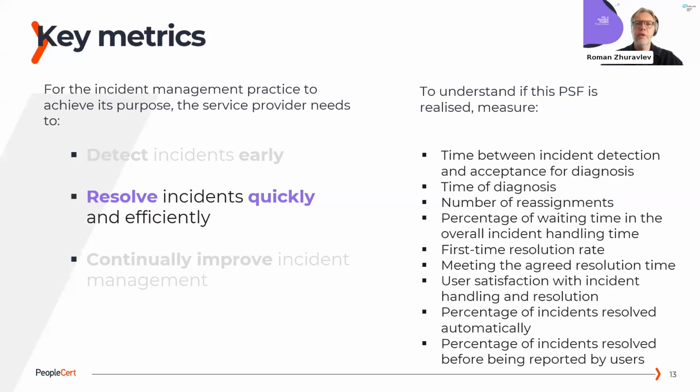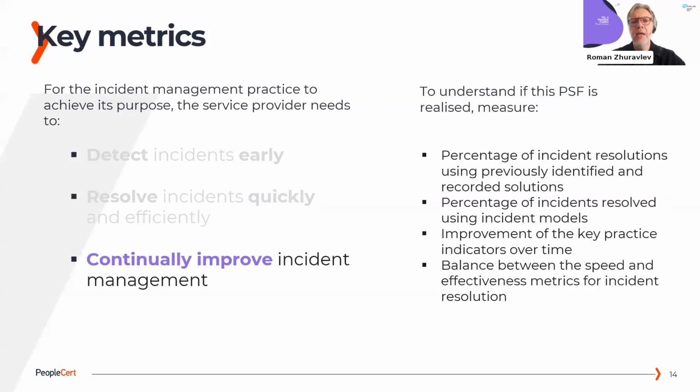So we provide you with recommendations of what to measure, but it's up to you to decide what values of these measurements are the target or acceptable or non-acceptable for your organization. Finally, continual improvement can be measured, in the case of incident management, based on the percentage of incidents resolved using previously identified and recorded solutions.